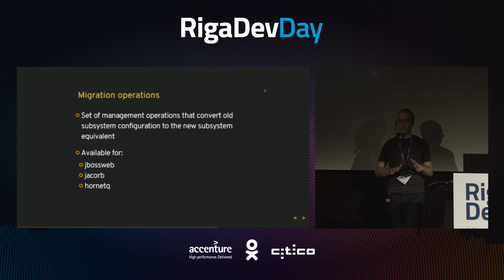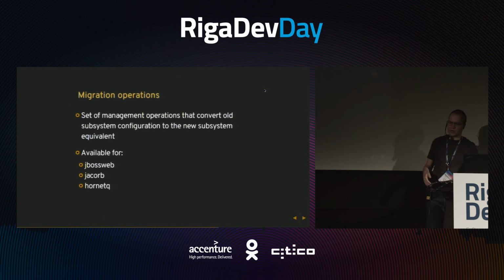If it's possible to migrate your configuration without any warnings, the migrate operation will automatically remove your old subsystem and create a new subsystem in its place with the same functions as the previous one. If it's not possible, it will inform you what has to be changed to let your system function. So again, it's very practical stuff, but if you need it, it's very useful when you're performing a migration from older applications.